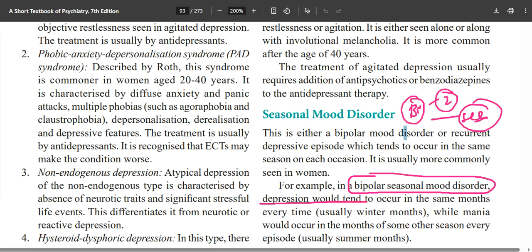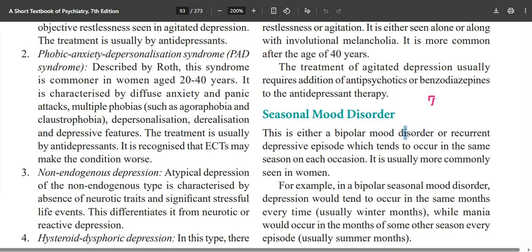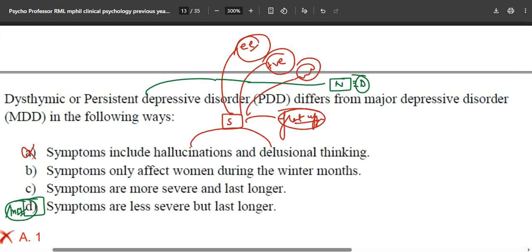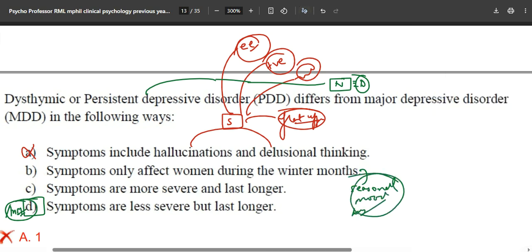So depression will occur in the winter months, while mania would occur in some other season every episode, usually summer months. So you will have depression in the winters and the manic episodes in summer. They are talking about the seasonal mood disorder over here. And you are just witnessing right now from where these questions are coming.